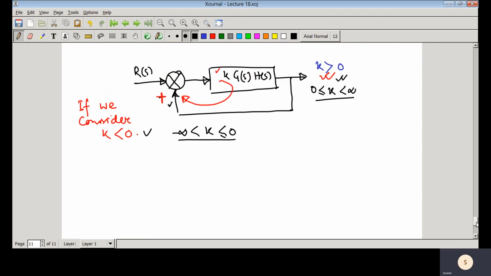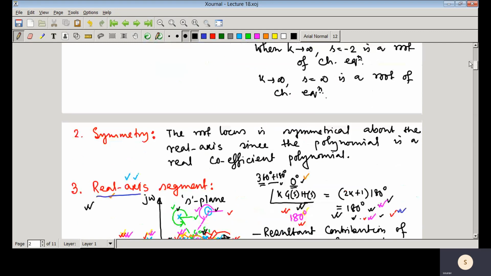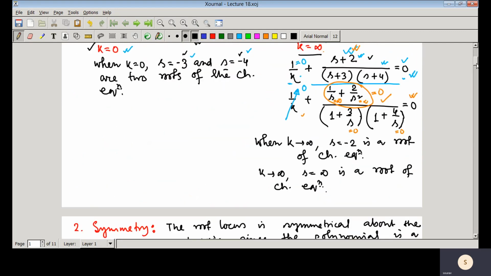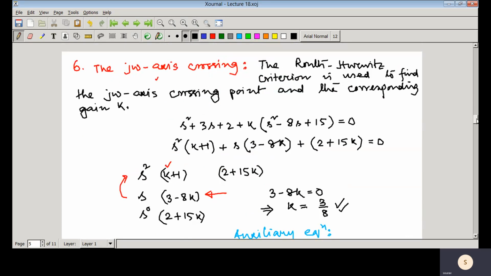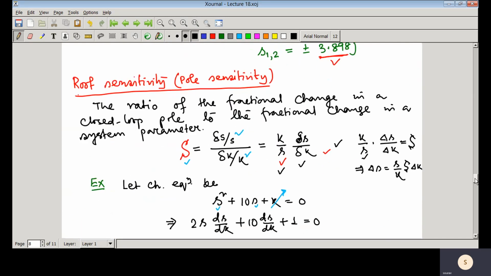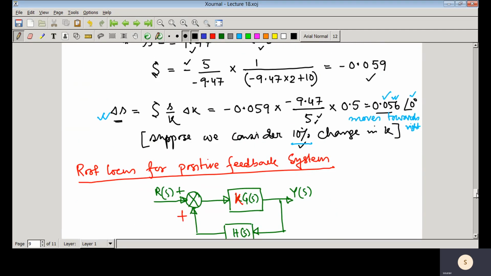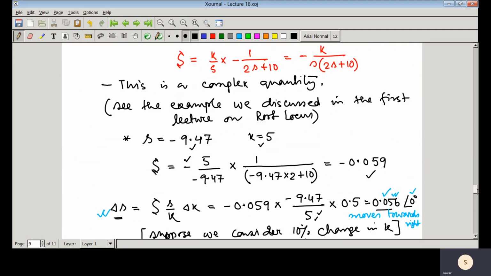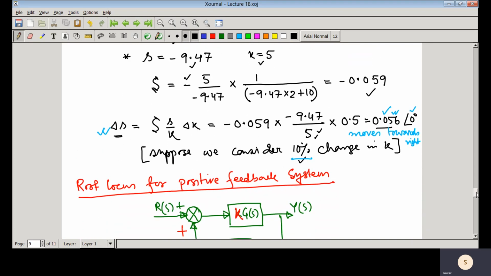So what we have discussed in the root locus: here there are the 7 rules for sketching the root locus, and we have solved some examples to understand those rules. Then we defined what root sensitivity is. Root sensitivity is a complex quantity, and it gives the value as well as the direction, that means along which direction the closed loop poles will move once there is a change in that parameter.